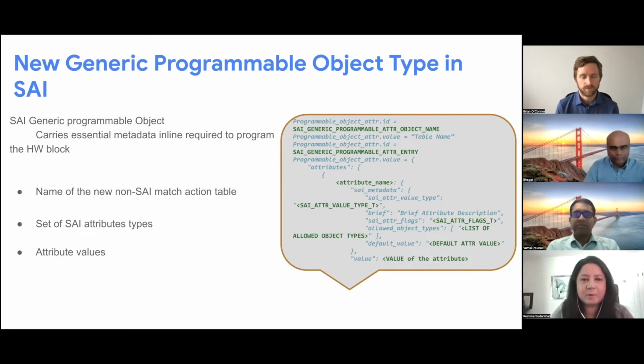In PINs, it is possible for the user to model the entire SAI pipeline and these specific behaviors in P4, push them down to the device as part of the initialization, and control these entries at runtime. The SAI generic object passes the object type along with the value, and adds the match, action, action keys and action parameters to the SAI layer for easy and complete interpretation of the ASIC DB entry in order to program the hardware.